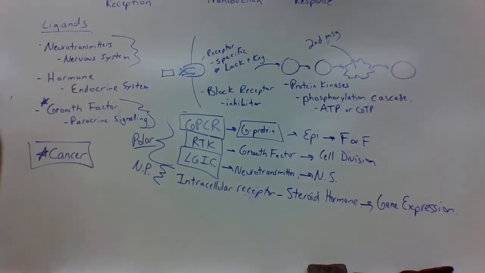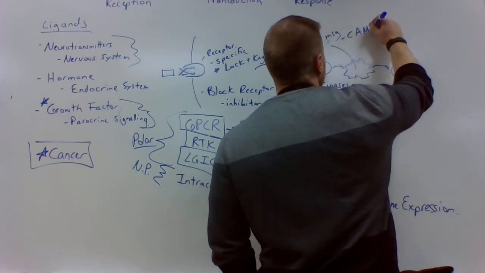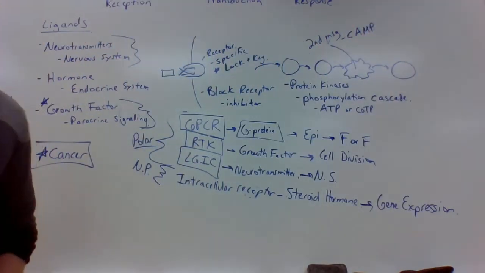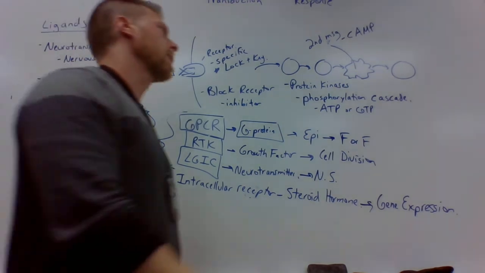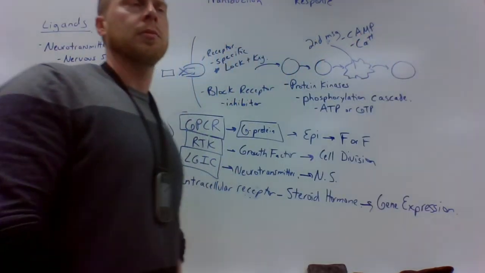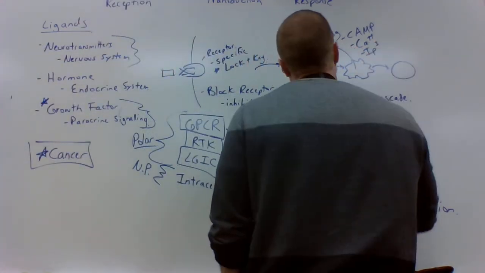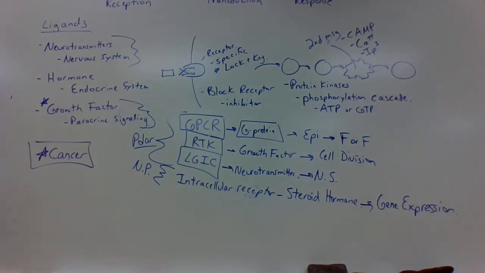Some second messengers are, number one, cyclic AMP, the most widely used second messenger in the body. You have calcium, Ca++, and you have IP3. These are all examples of second messengers used in the body.